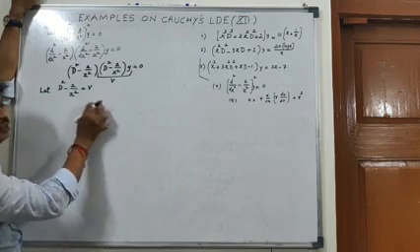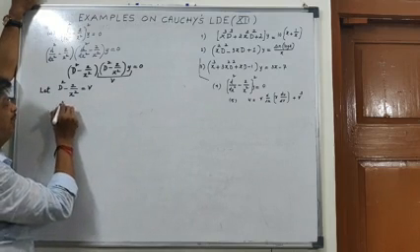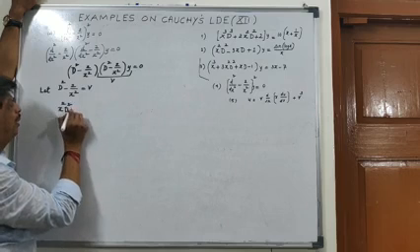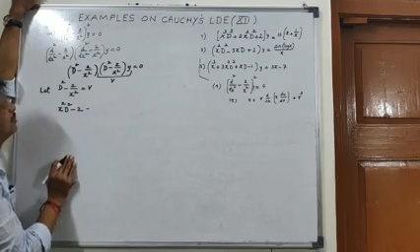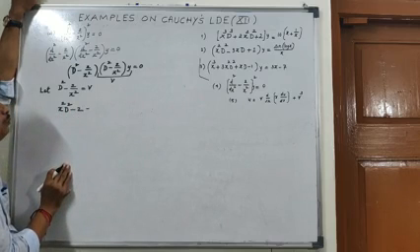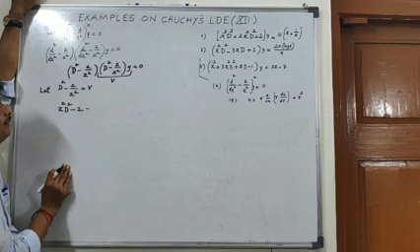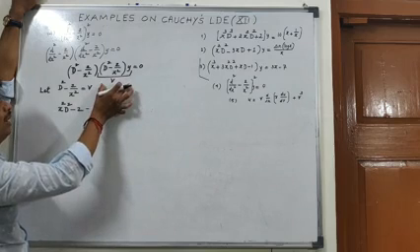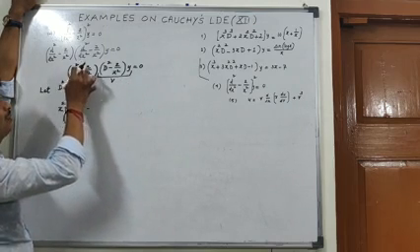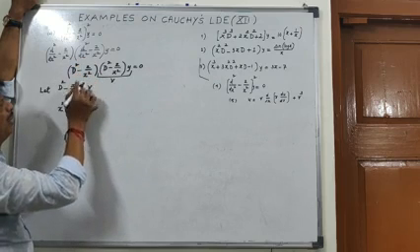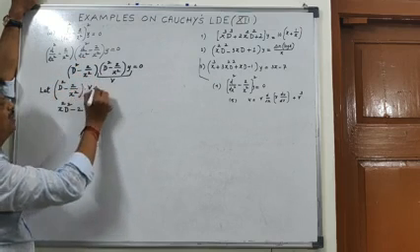Now multiply this equation by x square. So what does it mean? If this is V, then D square minus 2 by x square into V is 0.